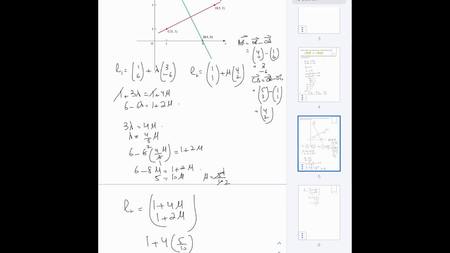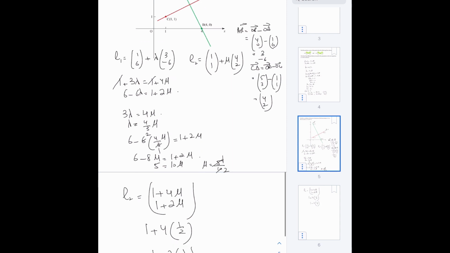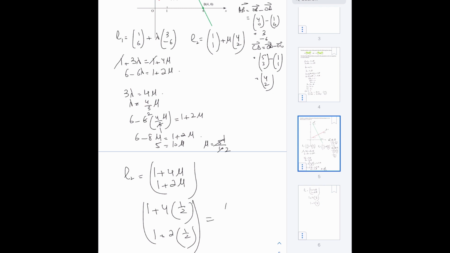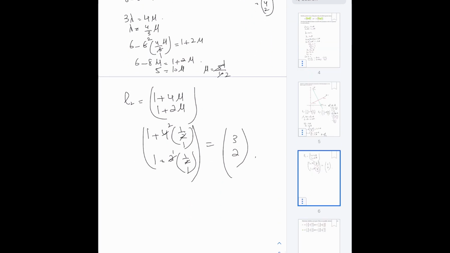You can simplify 5 upon 10 as 1 upon 2. This is the point of intersection of the two, 3 comma 2.